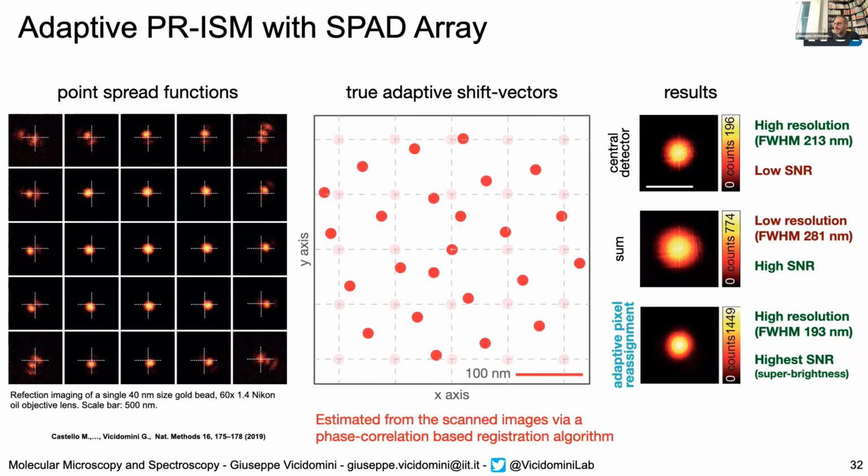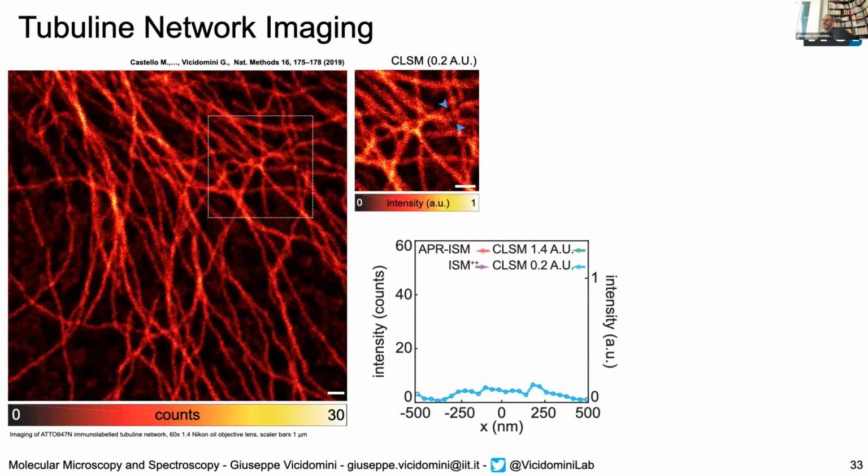But then in practice, this is much different because you have aberration. So what we did, we developed an algorithm based on phase correlation, with which we register the images automatically and we sum them up later. As you can see here, you further enhance the resolution and you further enhance the signal-to-noise ratio of your image.